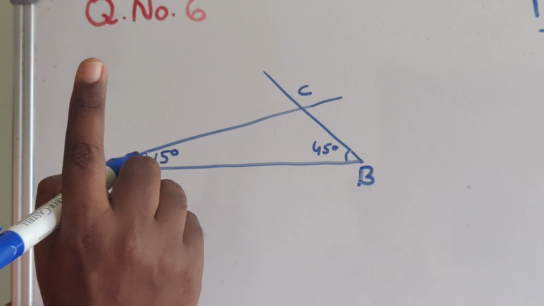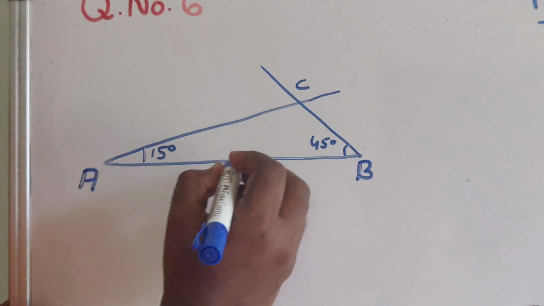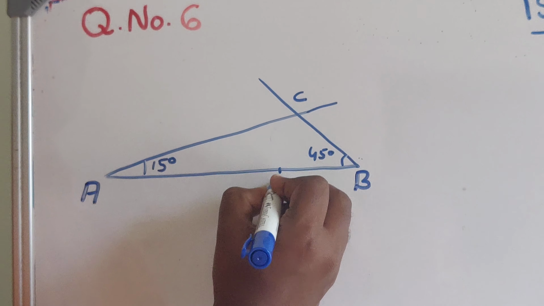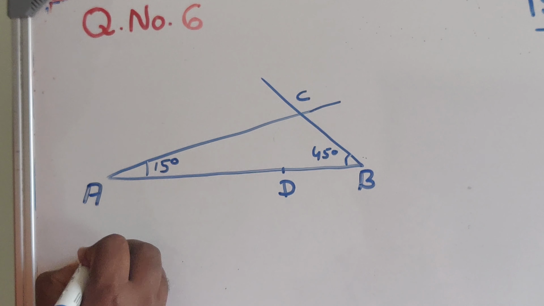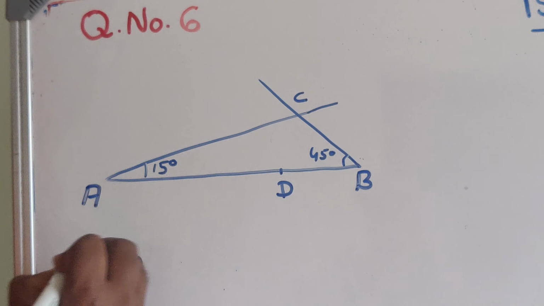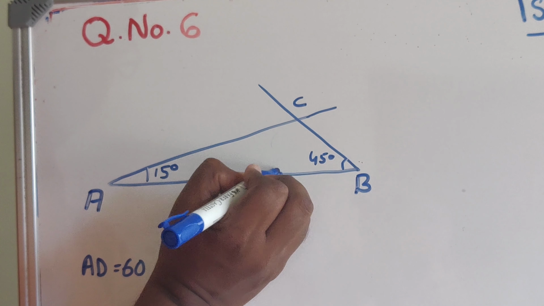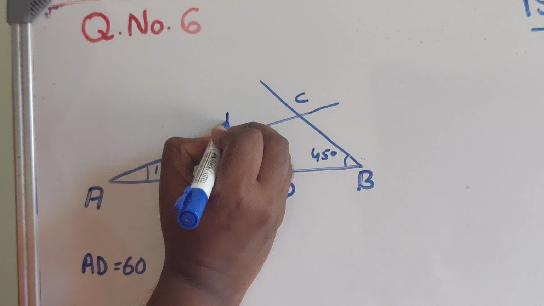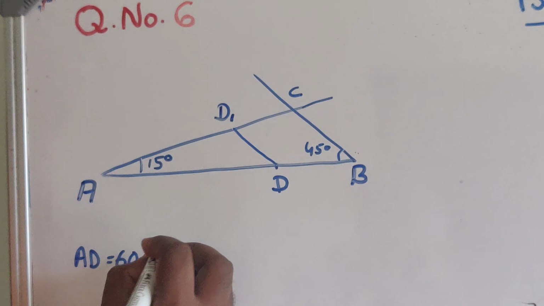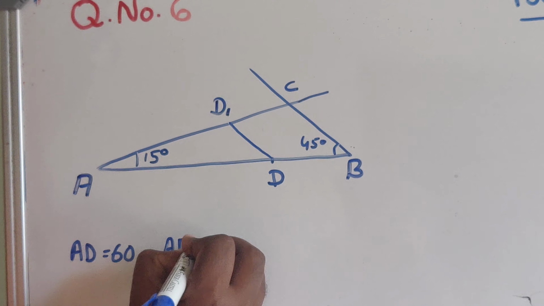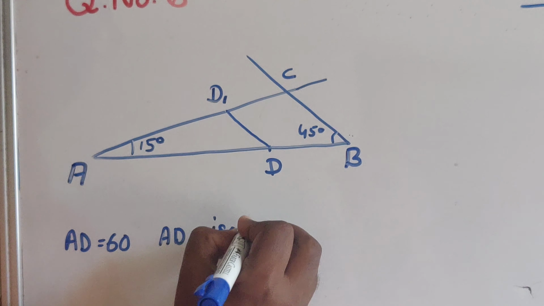Now you need two dimensions, that is A to D can be taken as 60. AD is equal to 60, which is the height. So from D you can draw a line parallel to BC, AD1, where AD1 is the isometric length of 60.